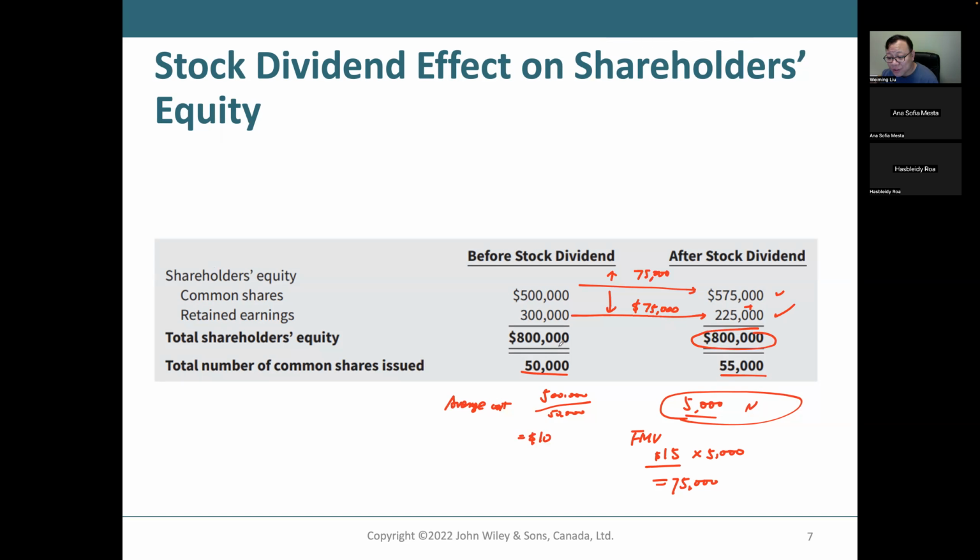The total is still $800,000. So in this case, the asset doesn't change, shareholder equity doesn't change. What changes happened within the equity. So retained earnings decreased, common shares increased.